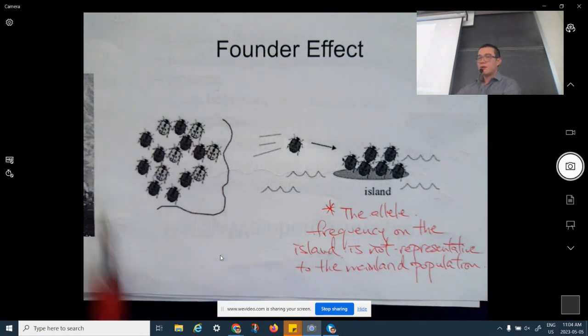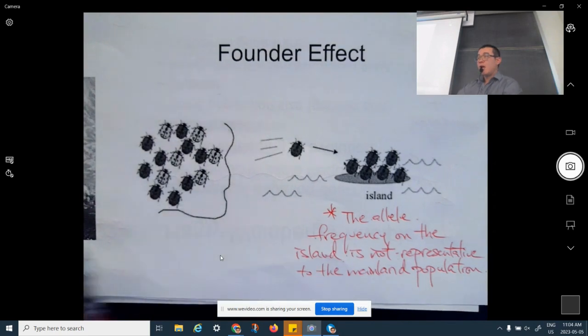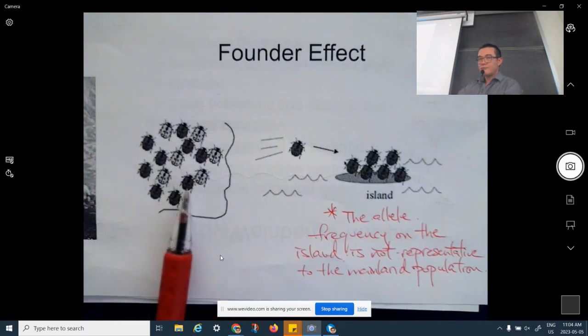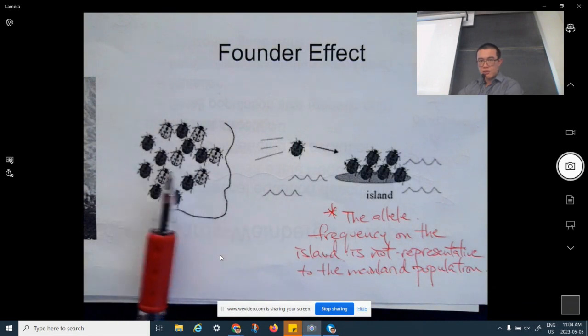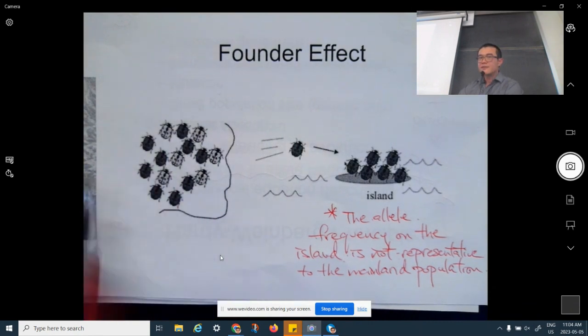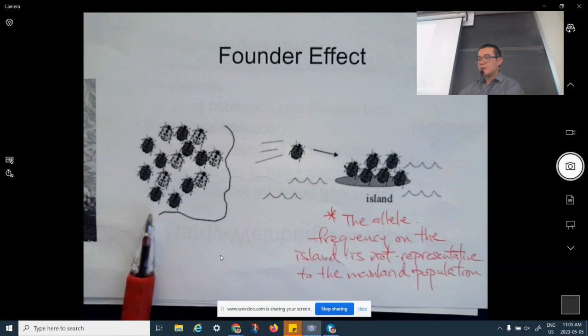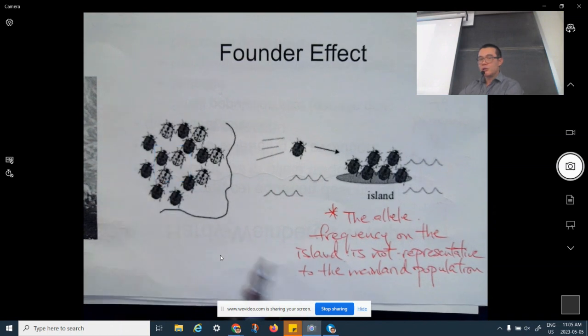So in this diagram here, for example, on the mainland, it looks like a relatively even spread between the lighter color ladybugs and darker color ladybugs.